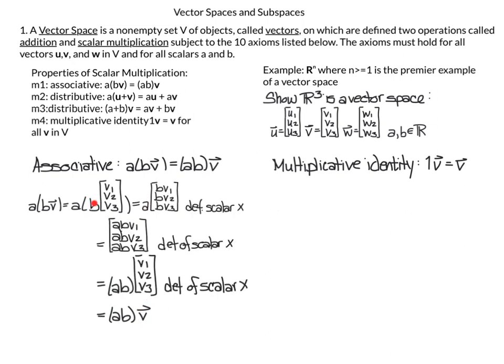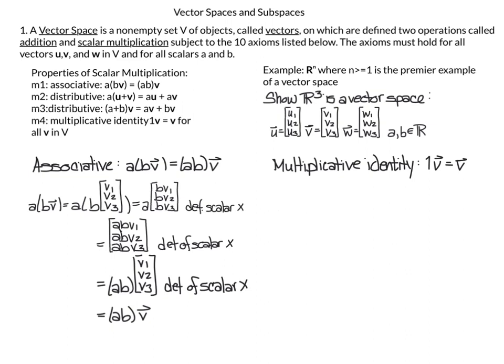So I multiply my scalar component by component, and I get bv1, bv2, bv3, and that's just by the definition of scalar multiplication. Now this is my new vector, and I can multiply a times my new vector, which means I just multiply each component by a. So I get a(bv1), a(bv2), a(bv3), and again, this is also just by definition of scalar multiplication.